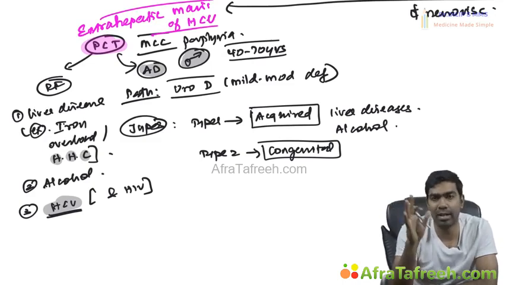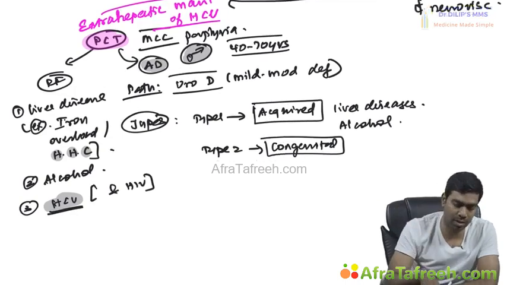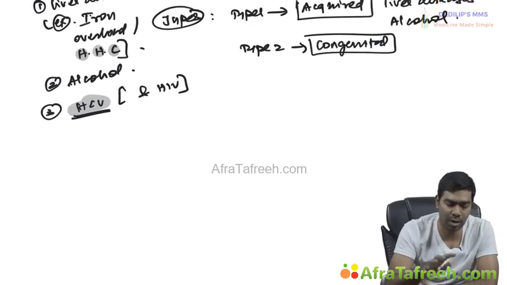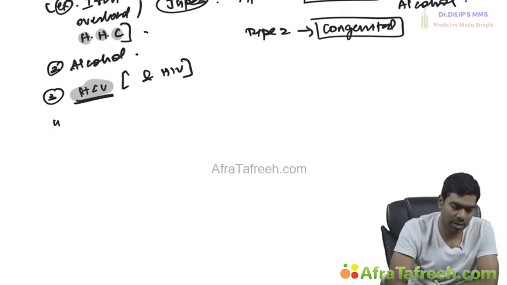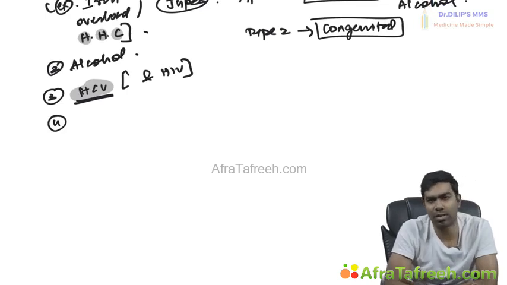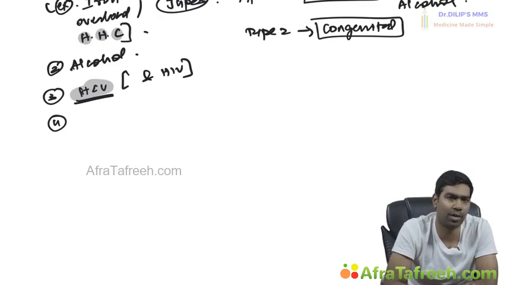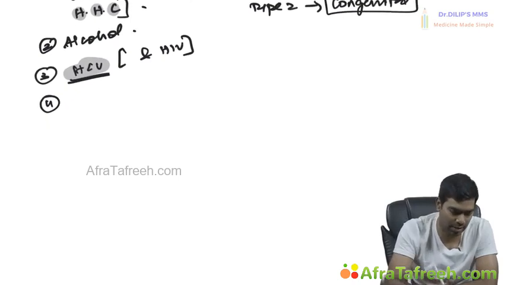I have discussed this in detail in the HCV topic in hepatology, but right now you have to understand this is a very important extrahepatic manifestation of hepatitis C virus. You can imagine HCV also causes liver disease, and that's why it causes that deficiency in the liver, which can result in a hepatic porphyria like PCT. Absolutely possible. You can write HIV also can cause it at the same time.